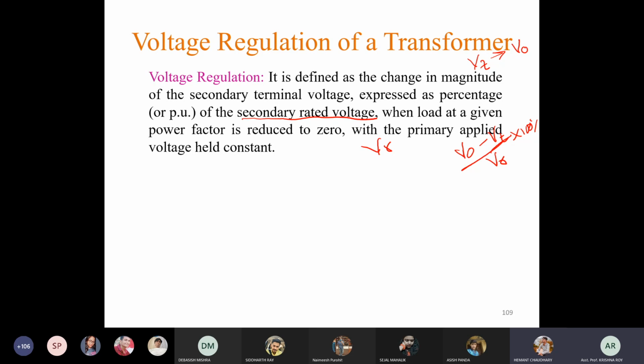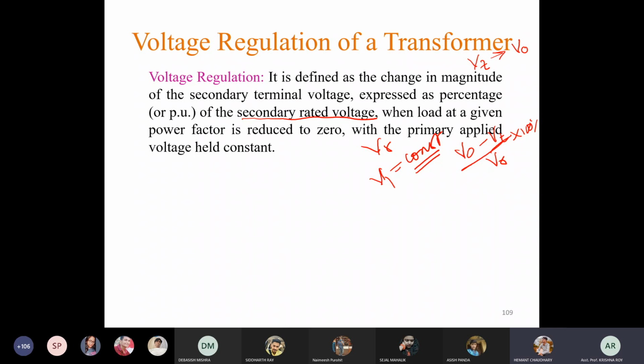And when you are removing this load from the secondary side, the primary voltage has to be kept constant. Suppose the primary voltage is V1, this has to be kept constant. So these are the conditions while defining the voltage regulation.